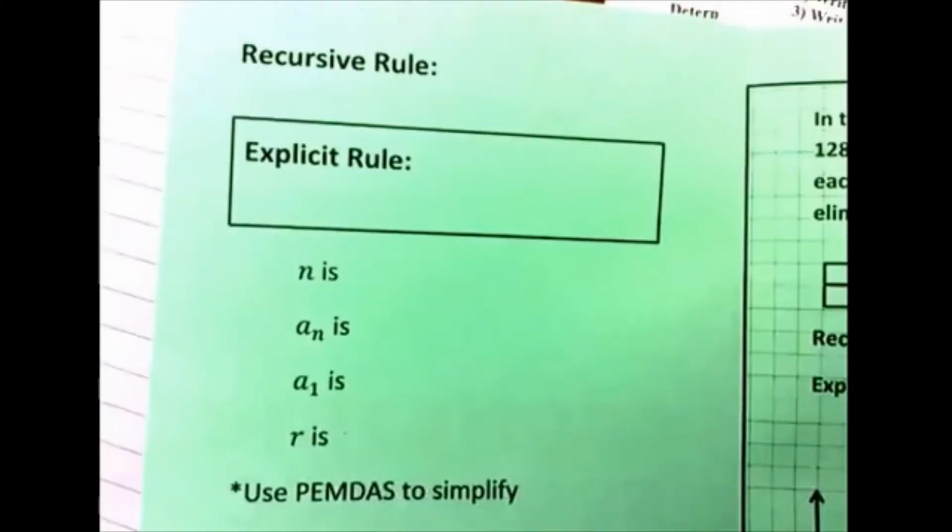First, we have our recursive rule. Because we're looking at a different kind of explicit rule for a different kind of sequence, it's going to look similar but different at the same time. So our recursive rule starts the same as it did for arithmetic sequences: a sub n equals a sub n minus 1.